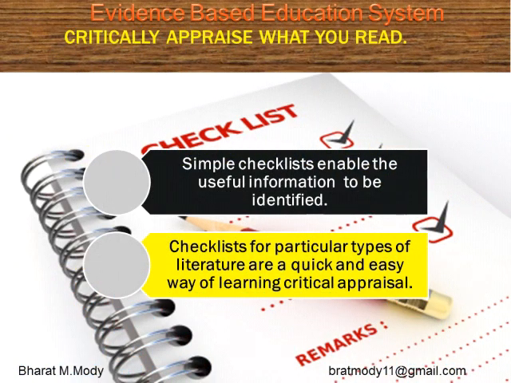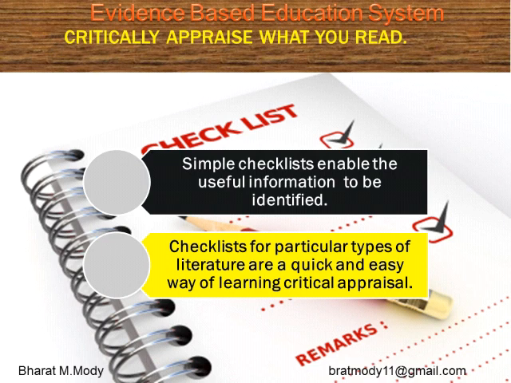Then you have to use simple checklists which enable you. So these checklists are available for each and every research type. They are a very quick and easy way of learning the art of clinical appraisal, because they are given in point form.